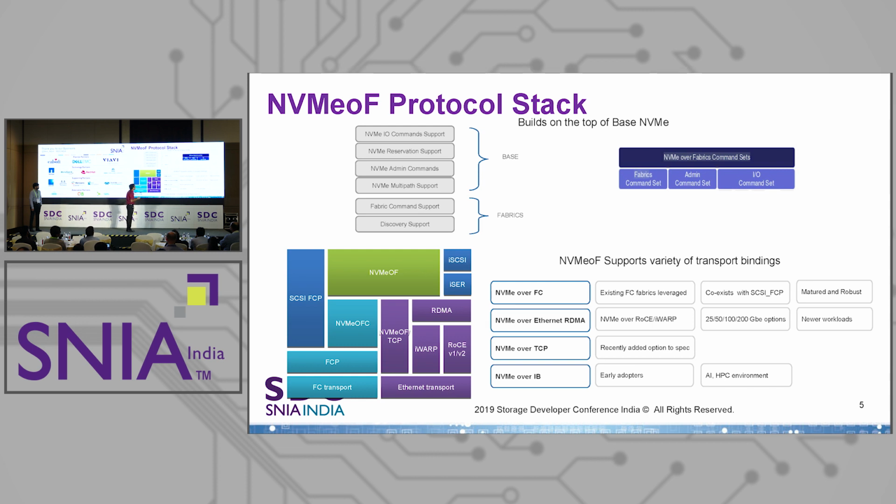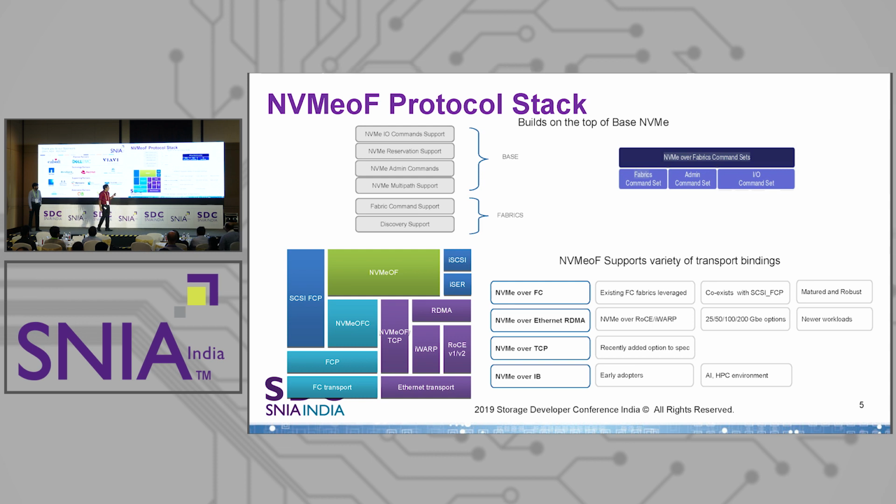So NVMe over Ethernet RDMA goes to 25, 50, 100, and 200 gig solutions, generating a lot of IOs and a lot of throughput. The workloads we are seeing today, for example high performance computing, AI, and others that generate a lot of IO, can benefit from it.